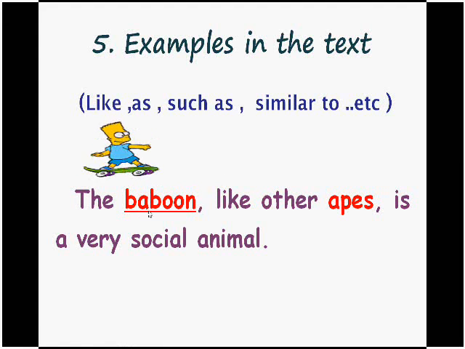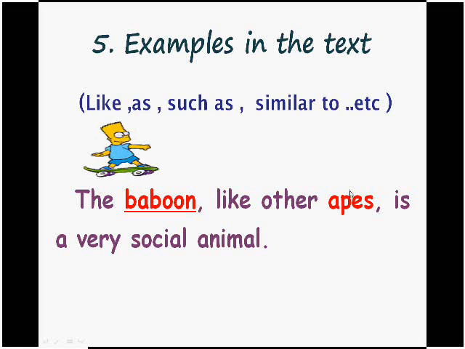Like, in our sentence here, we have: the baboon, like other apes, is a very social animal. Of course, if I don't understand the meaning of the word baboon, definitely it's an animal. But I have here the word like, which signals an example.